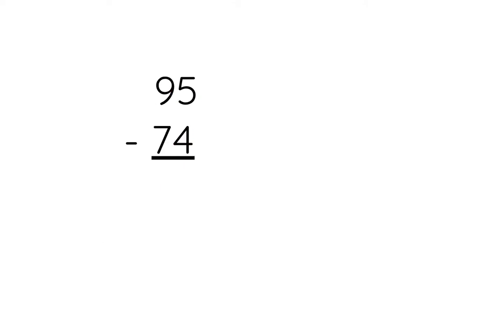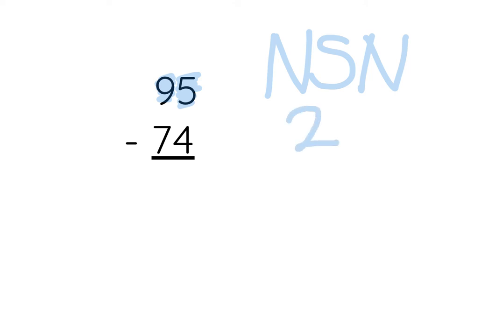All right, 95 minus 74. Find your big values. The 90's bigger than the 70. Oh, the 5 is bigger than the 4, so this is actually an NSN. And the answer would be 21. Now, if by chance you don't notice that, it'll still work out as long as you're paying attention.